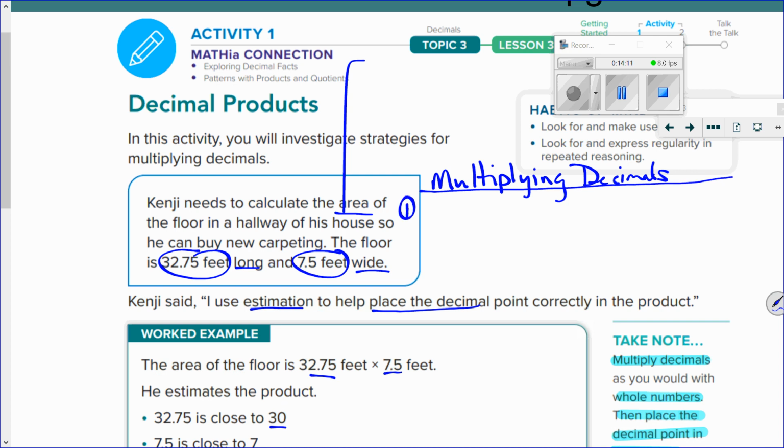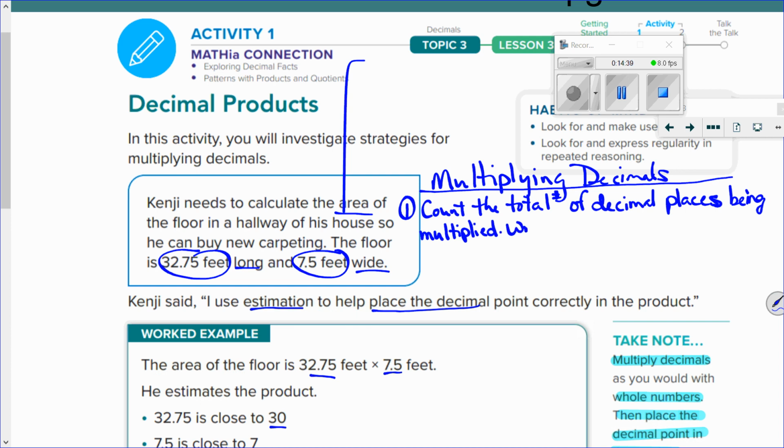Step 1, count the total number of decimal places being multiplied, write it to the right and circle it.